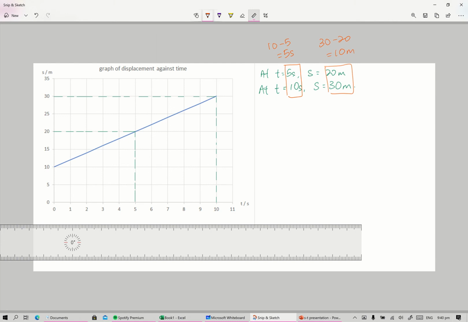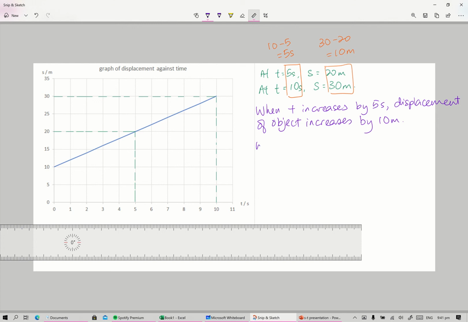So we can say that when time increases by 5 seconds, displacement of object increases by 10 meters.